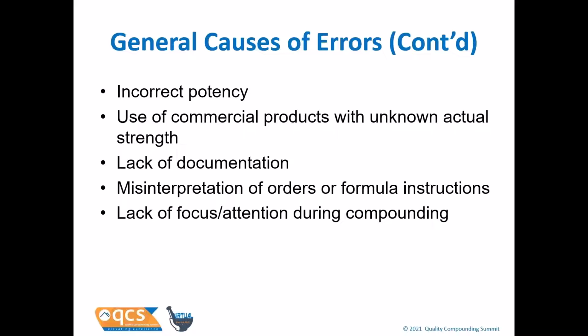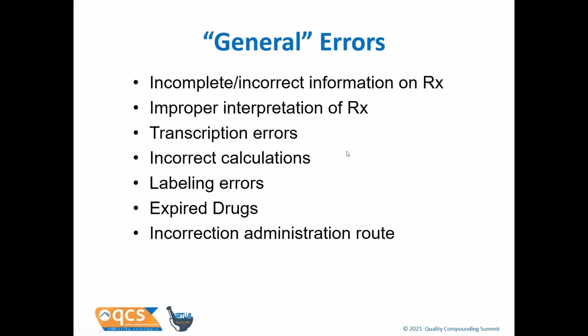And we published several examples of that before, so just be aware. It would be nice if the manufacturers would actually provide a certificate of analysis with each of their manufactured products, but that just doesn't happen. Another cause of error would be lack of documentation, which can be quite an issue.